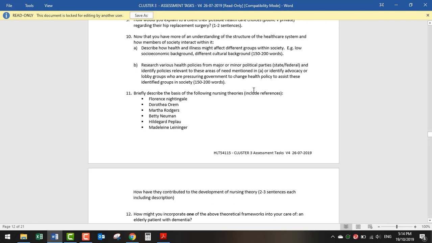So you need to reference. And then for these 1, 2, 3, 4, I think Hildegard Peplau perhaps is in there too. Maybe not. But for these four, you'll have to do your own research about these nursing theorists and find the same information that you've been able to find in your books for these two and apply it to these 4.